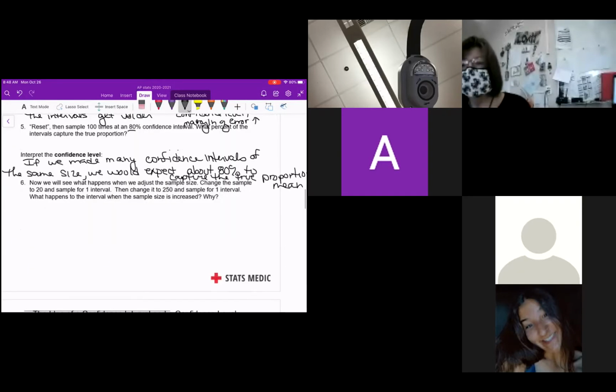Now, what happens when we change our sample size? The interval narrows, so our margin of error narrows. If we increase the sample size, the margin of error decreases.